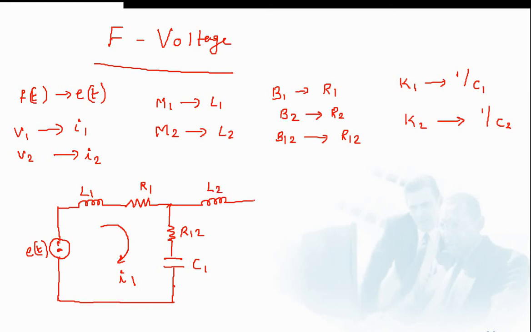And what are the other elements connected to mass M2? There is a spring K2 and a damper B2. So corresponding to the damper B2, there will be a resistor, we can name it R2, and corresponding to the spring K2, there will be a capacitor, we can denote it as C2.